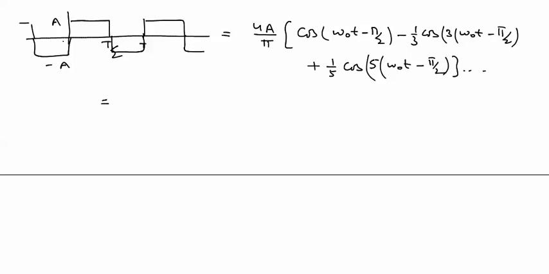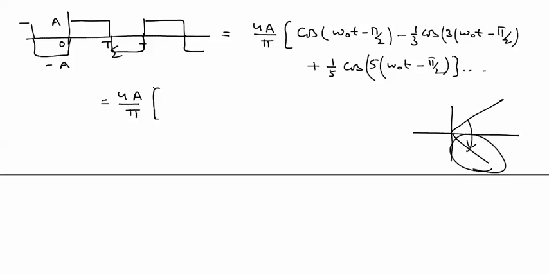Now this expression starts from 0. This expression is reduced to 4A upon pi cos of theta minus 90 degree. In this quadrant cos is positive but it is converted into sine. Again the next term, cos 3 omega naught t minus 3 pi by 2.